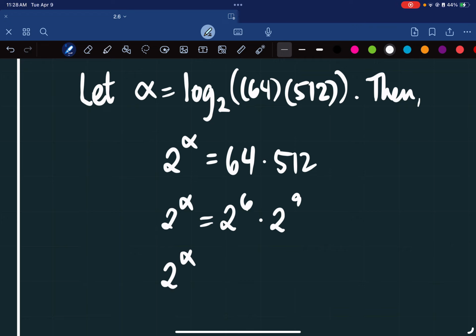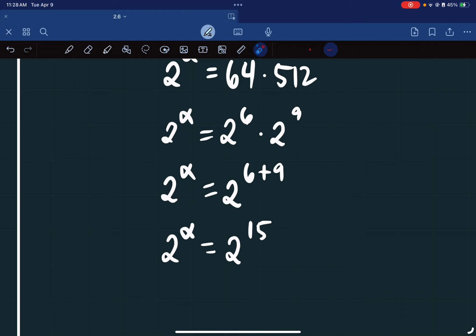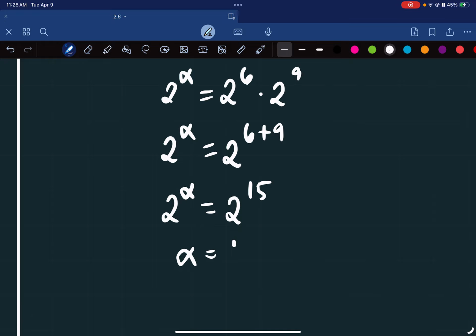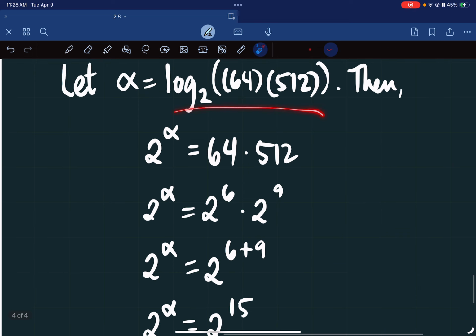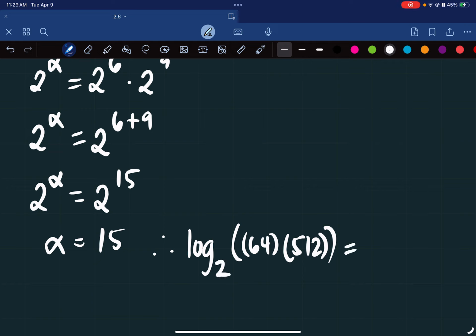So we have 2 raised to alpha equals 2 raised to 6 plus 9. And so we have 2 raised to alpha equals 2 raised to 15. And finally, since we have the same base here, we can equate their exponents. We have alpha equals 15. And so, since alpha is this one right here, we have log of 64 times 512 base 2 equals 15.